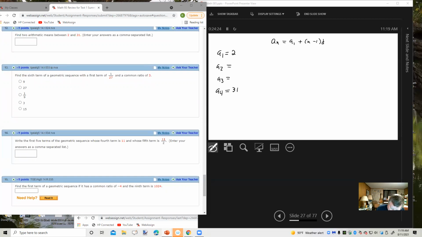So a sub 4 is a sub 1, 2, plus n, which is 4 minus 1, times d. So a sub 4 is 2 plus 3d. But we also know that a sub 4 is 31. So 2 plus 3d equals 31.